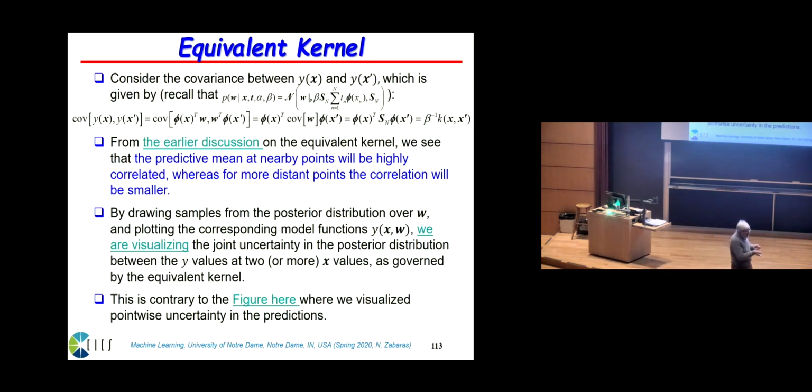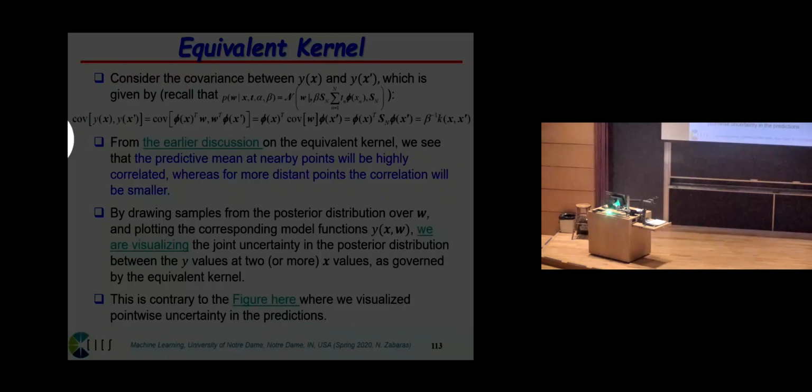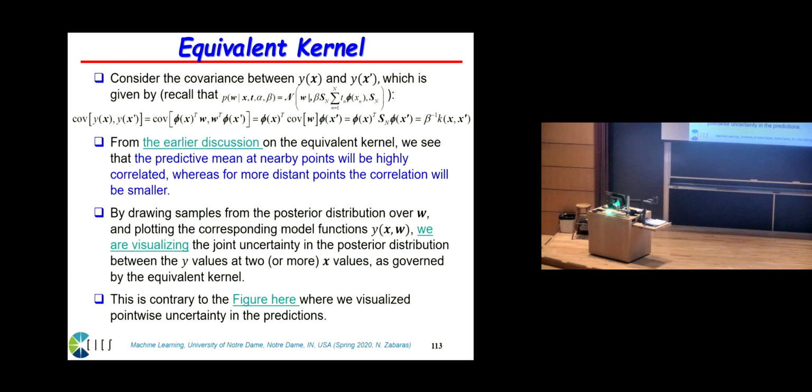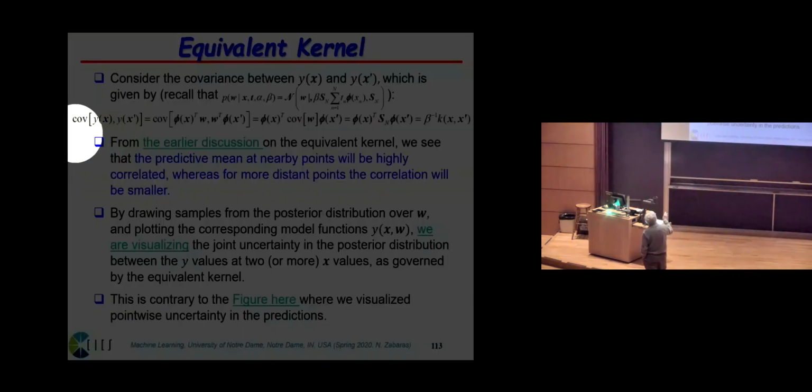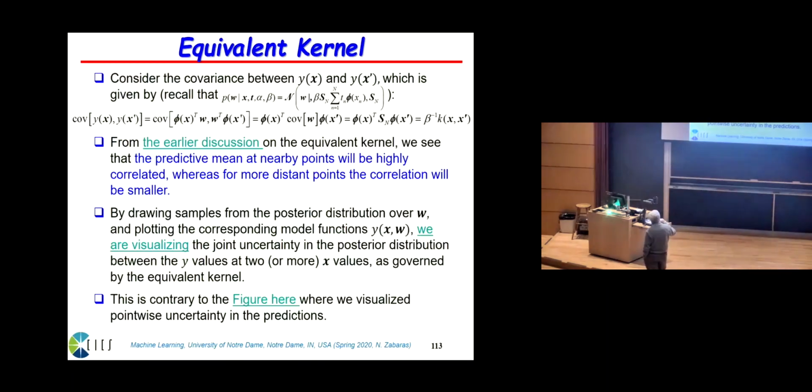Do you remember, if somebody asks you to plot something that measures how y of x correlates with y of x prime, what are you going to plot? One of the plots we discussed was plotting the mean and the error bars. That will not do this. So how do we evaluate how y of x correlates with y of x prime? What type of plots can we do?